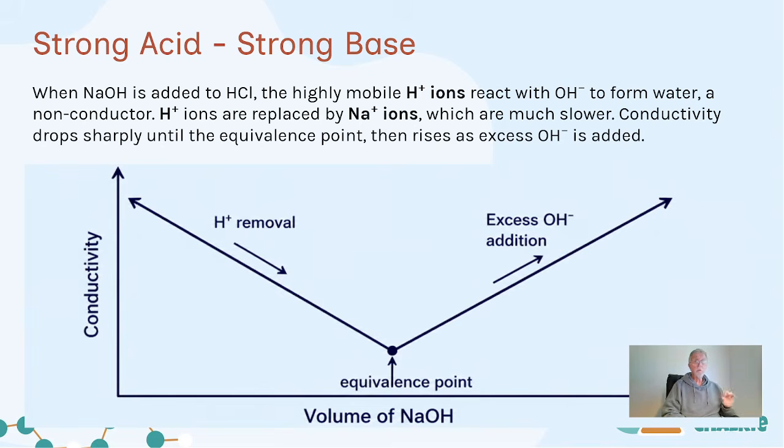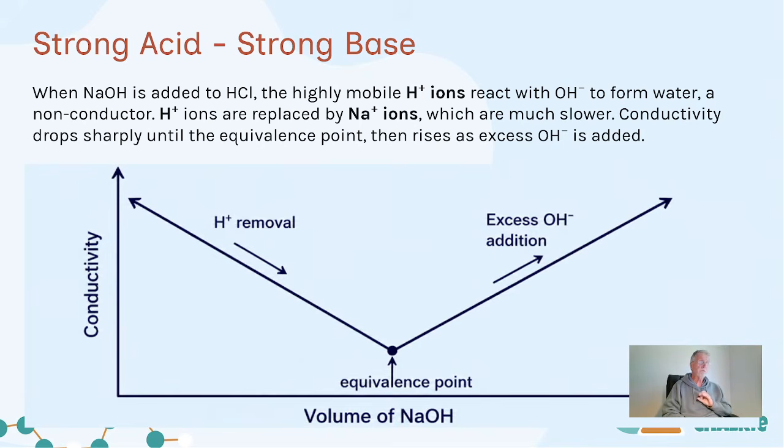Now that equivalence point is very important, because if they give you that in an exam, then you can use that point to get the volume of NaOH at the equivalence point, which you would then use in a calculation involving volumes, concentrations, moles, and stuff like that. So if you get a question like this in the exam, that equivalence point would be needed if you were working out the concentration of one, knowing what the other one was.